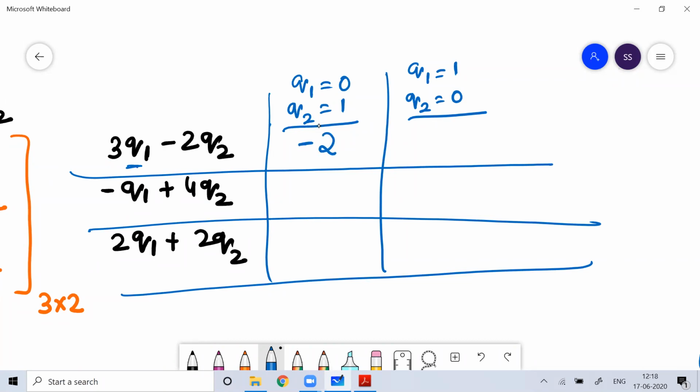And here q2 0 and q1 1, I'll get the value 3. Here if I put q1 0 and q2 1, I'll get the value 4. And q2 0 and q1 1, I'll get the value minus 1. Here q1 0 and q2 1, I'll get the value 2.